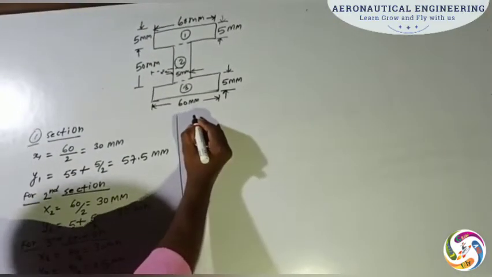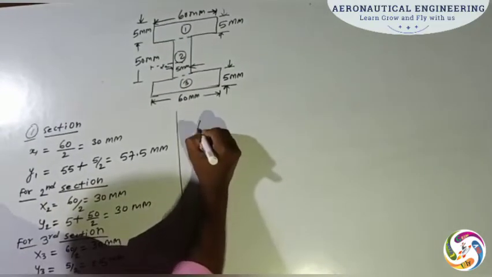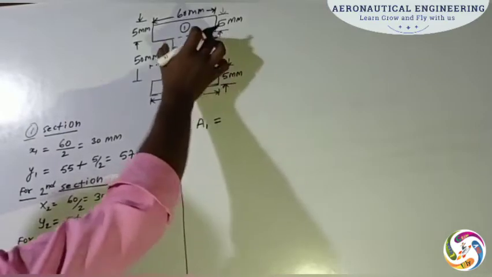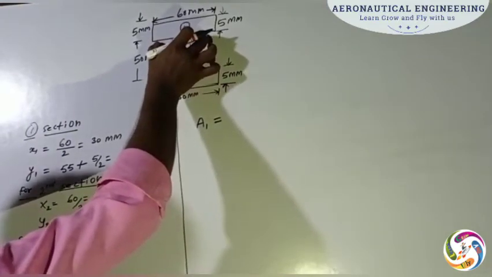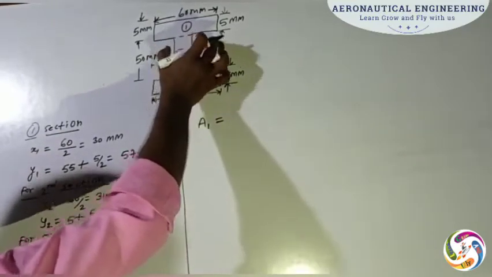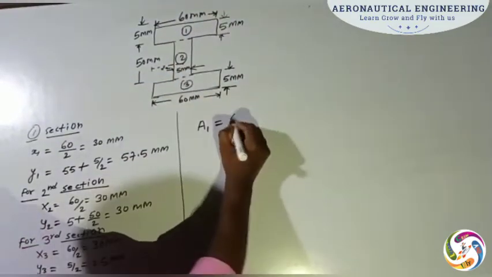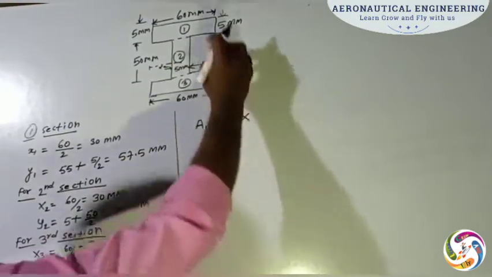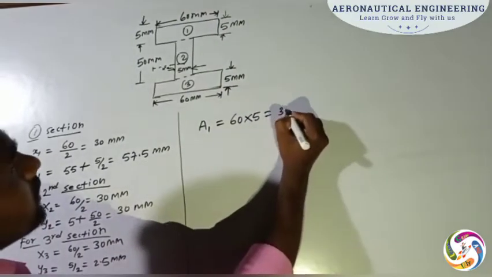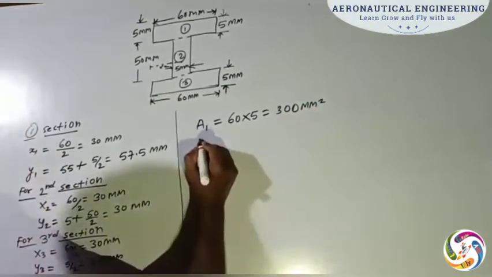Now we have to calculate the area for each section. I am denoting A1 as the area for the first section. The given section is rectangular, so we know that to calculate the area of a rectangle, it is length into breadth. Here for the first section the length is given as 60, so 60 into the depth, which is 5, equals 300 mm square.